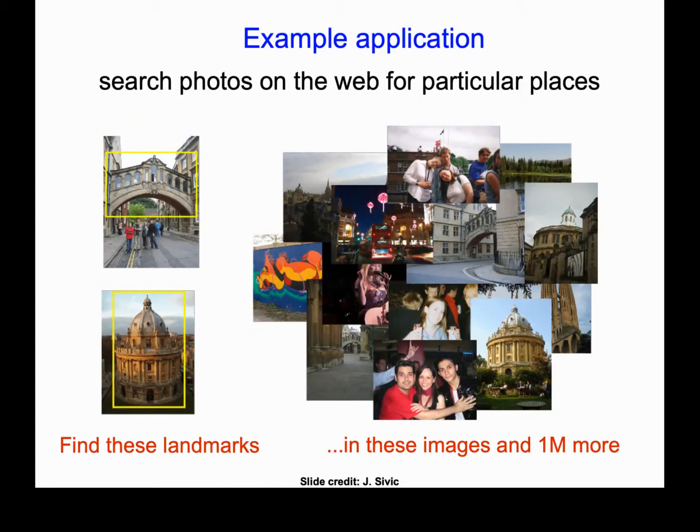Obviously, the applications for this go beyond the simple toy example we've seen. For example, one pretty interesting application is searching photos on the web for particular places. Given the landmarks that we see here, for example, the Bridge of Sighs or the Bodleian Library, we might be interested in pulling all possible pictures from the web that contain these structures, for example, to make a photo album or even to create a 3D structure of the scene, assuming that different photos on the web will be taken from different angles.